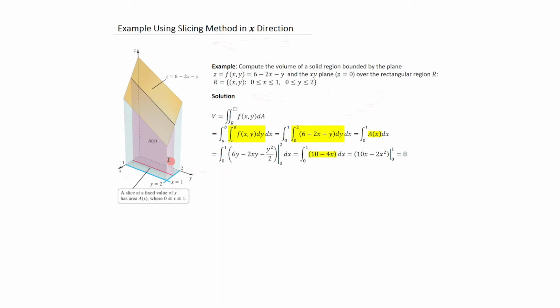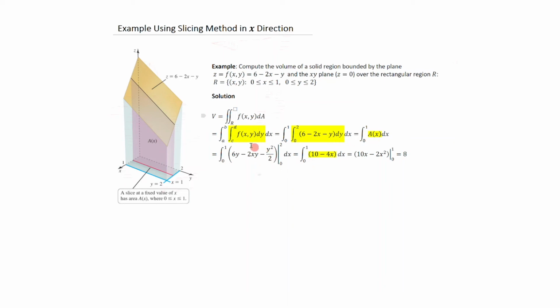So if we're going to slice in the x direction, then we're computing basically the area for a given x. So in this, at x equals 0, you can see the area is quite large, but as you move out towards x equals 1, this area should get smaller. So let's substitute in for f(x,y) here. We have 6 minus 2x minus y dy. Again, in this case, you're integrating with respect to y, so hold x constant.